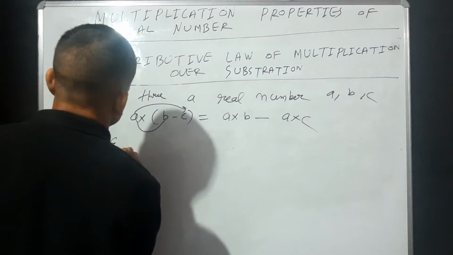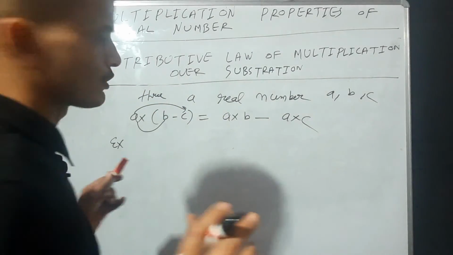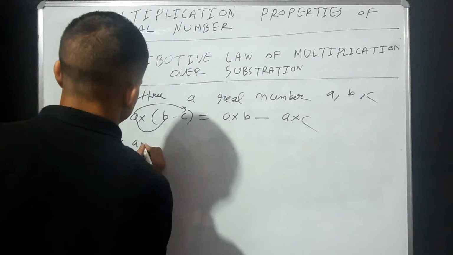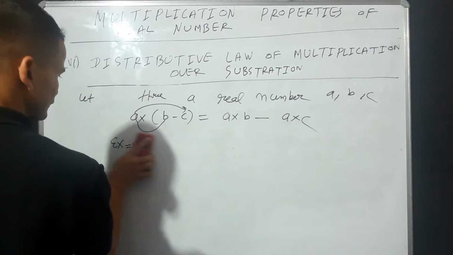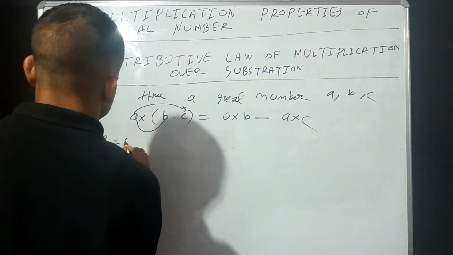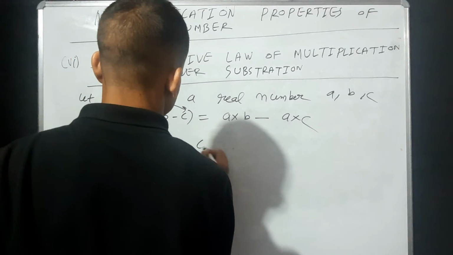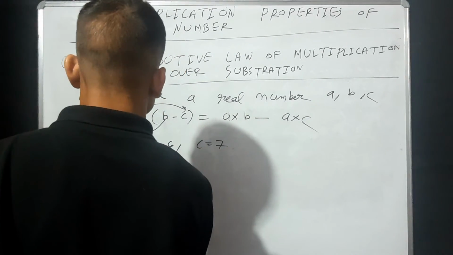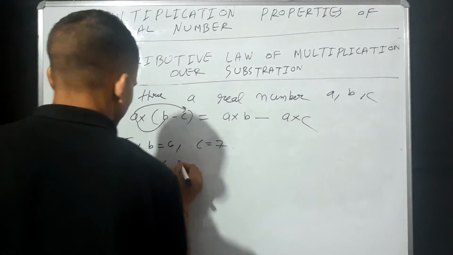We understand this law with the help of an example also. Just take A equal to 5, B equal to 8, and C equal to 7.